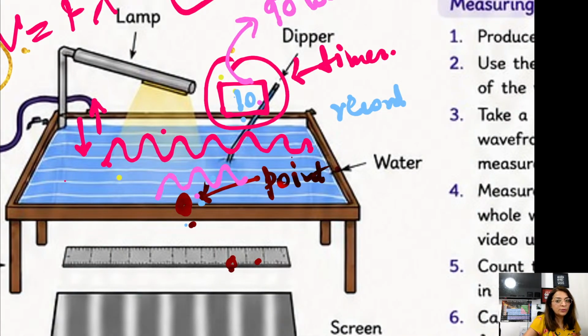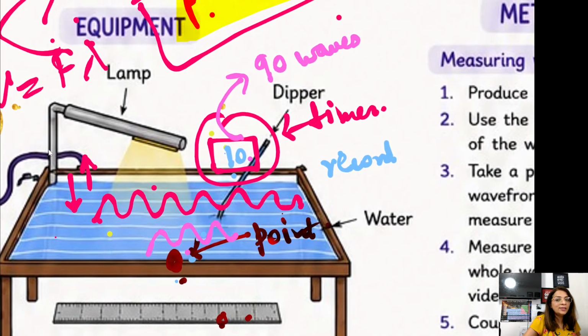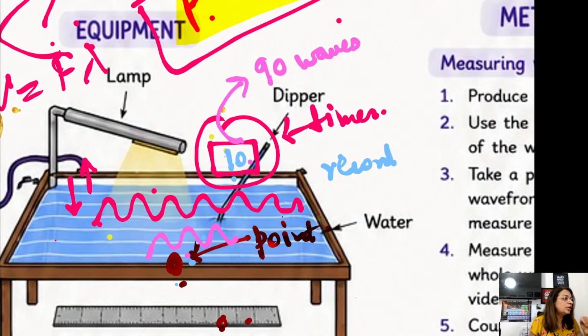I'm repeating: in 10 seconds on the timer, in slow motion, you saw 90 waves passing through. In 1 second, what will you do to find it? Come on, it's simple maths. Sahib, is it 90 divided by 1 or 90 divided by 10?